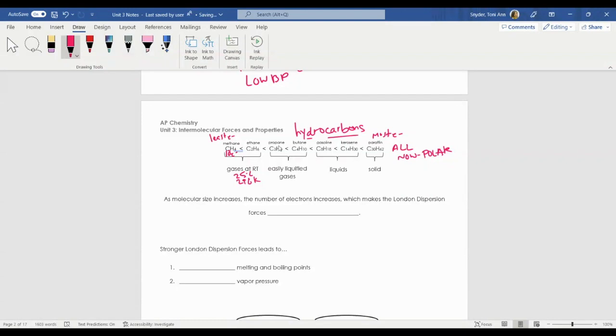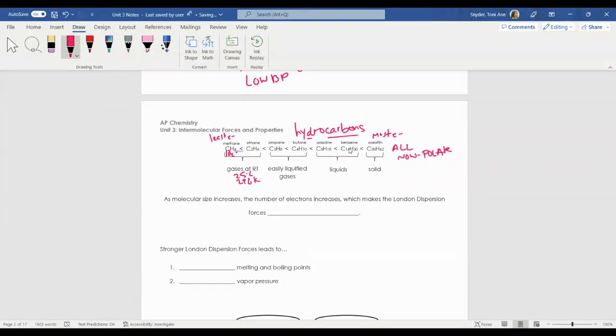Propane is a gas, but it can be a liquid as well, and that's because its boiling point is right around where we're at. So if you consider butane, if you remember back to the molar mass of butane lab from Chem 2, butane is a liquid in the lighter, but once you pull that trigger, it's actually a gas. So it's an easily liquefied gas. And that's because butane particles attract one another more so. It could exist in the liquid state more readily.